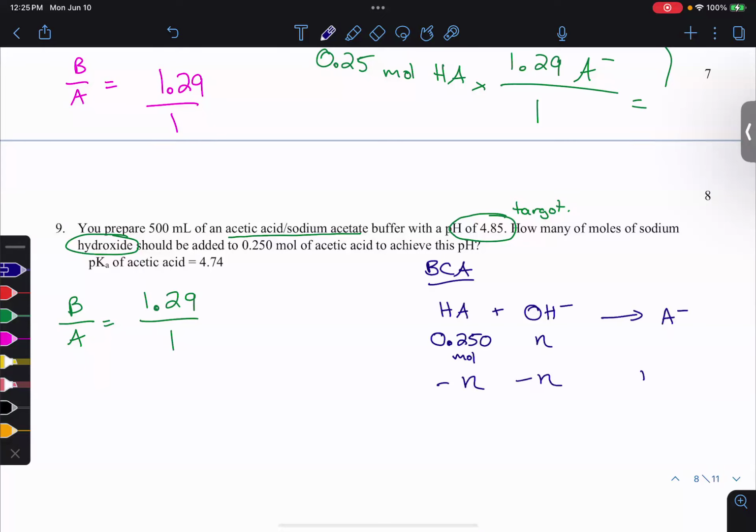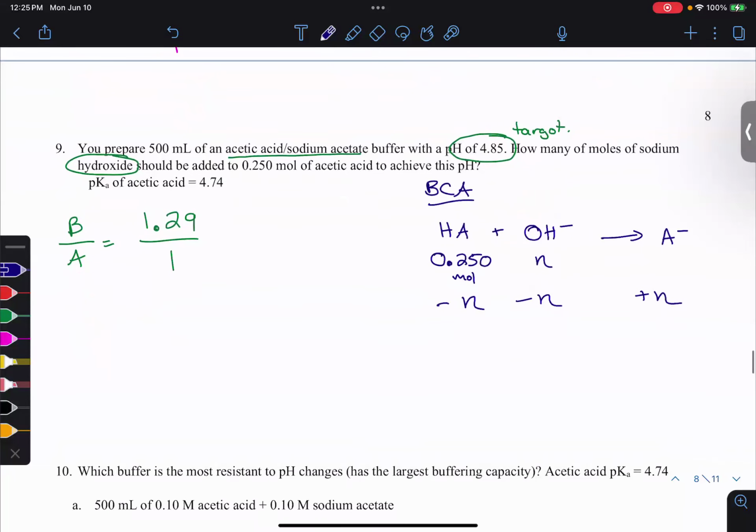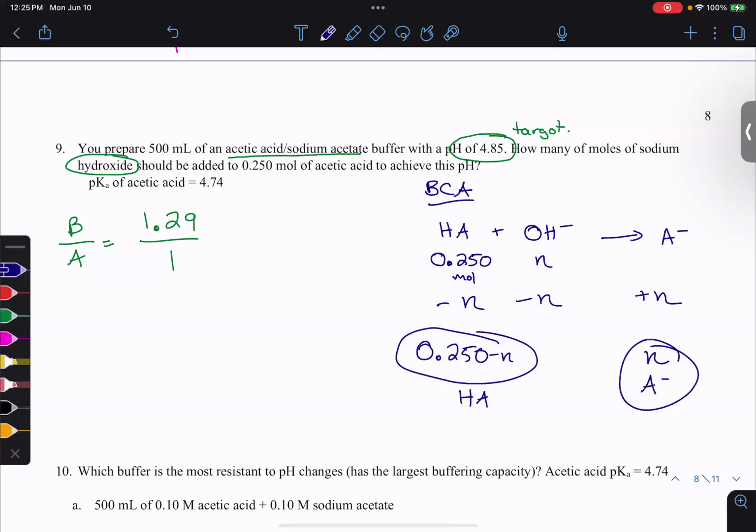All of that base gets consumed and you make an N amount of some random amount of A minus. So that means after this reaction happens, you lose a little bit of HA. That's your HA amount. And you gain a little bit of A minus. And so this is what you want to put into that base to acid ratio.